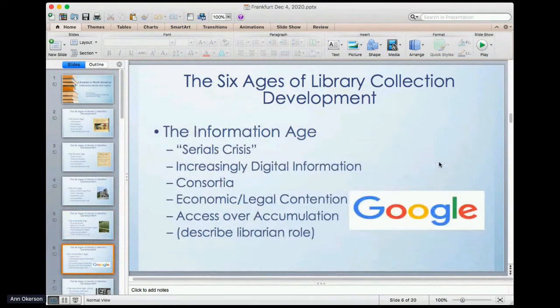A variety of factors, most spectacularly perhaps the flowering of the commercial scientific journal and the explosion in publishing and the consequent explosion in costs, and many of us remember the serial pricing crisis of the 80s and 90s, accompanied the widespread availability of photocopying and rudimentary electronic computers. We slid into the information age of libraries before the end of the 20th century.